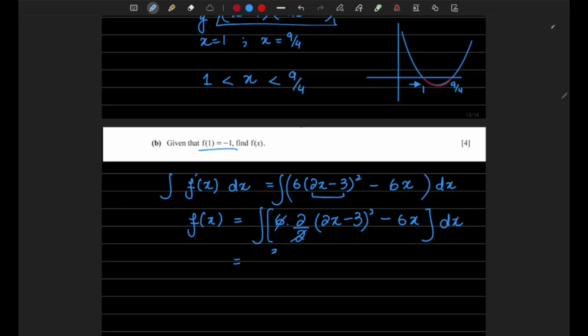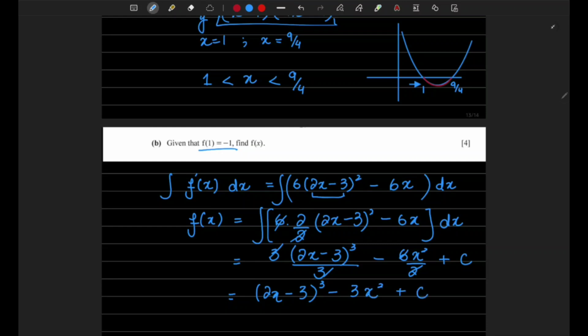We are left with 3 here, and the integral becomes (2x minus 3) cubed over, because n plus 1 over n plus 1, minus 6x squared over 2, plus the constant of integration. Simplifying further, we get (2x minus 3) cubed minus 3x squared plus c, equals f of x.